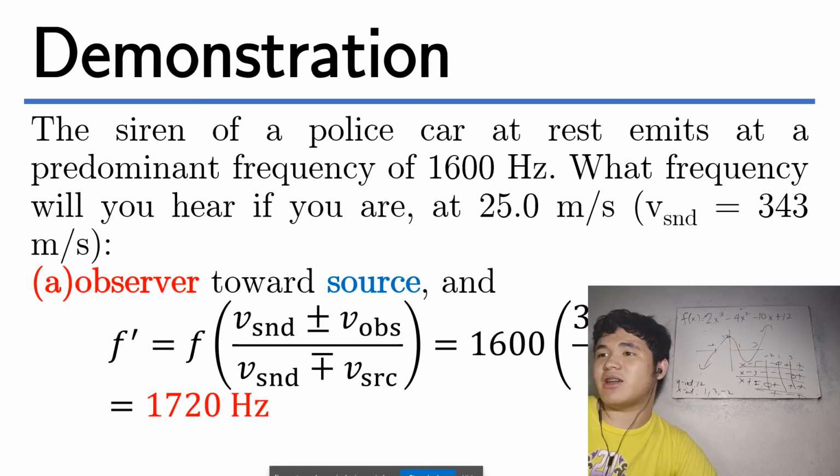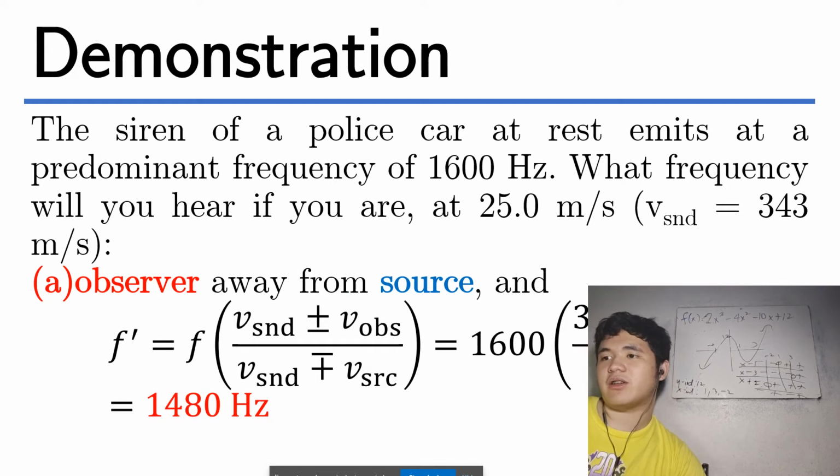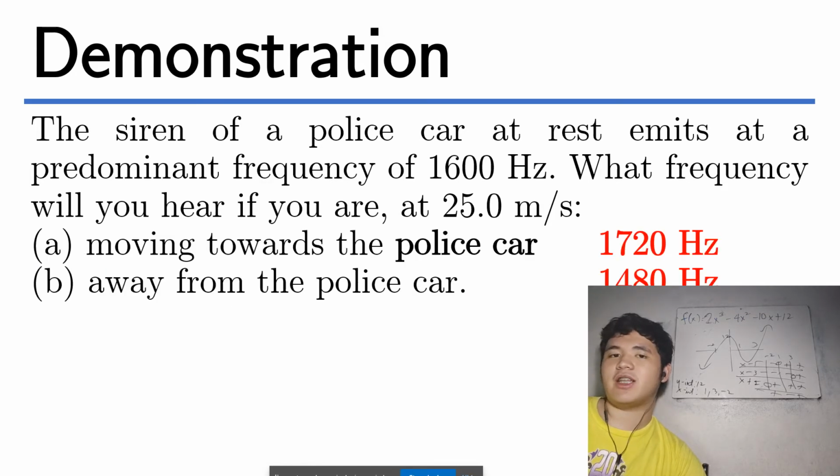Observer toward the source, dahil palapit ka sa police car, expect na lalaki yung frequency na maririnig mo. Tataas yung sound. So, use that. So, V observer is 25. Positive. 1,720 Hz. And away from the source, liliit yung frequency na maririnig mo. So, minus. 1,480 Hz. There you go.